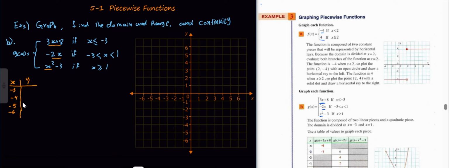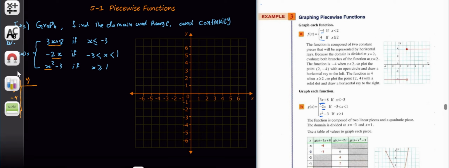4 points is enough. For every example, 4 points is enough. If our x is to the power 1, we can just give 2 points, but you can give 4 also. But if it is a square power, it's better to give 4 points. Then we put these values of x into the first function.